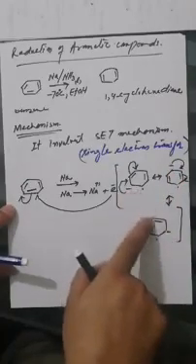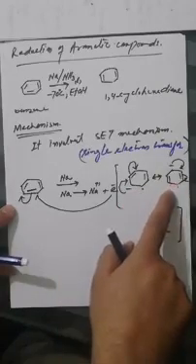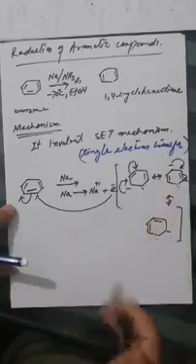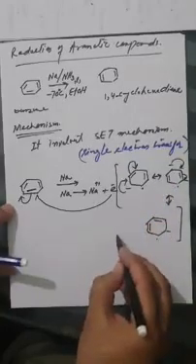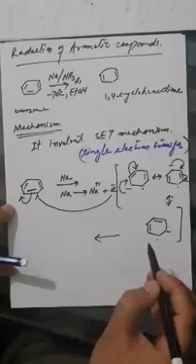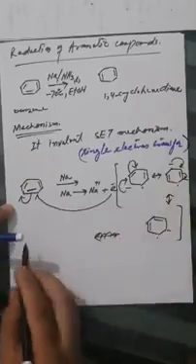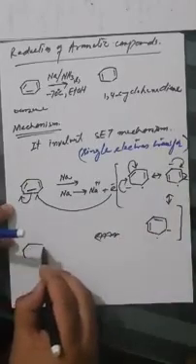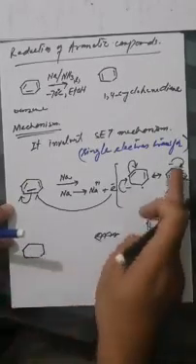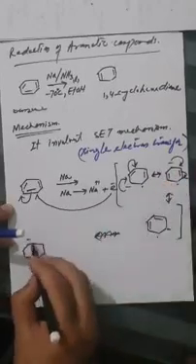So these two resonating structures are less stable and this one is more stable. So what happens next? I will take this structure only because this is more predominant in concentration.